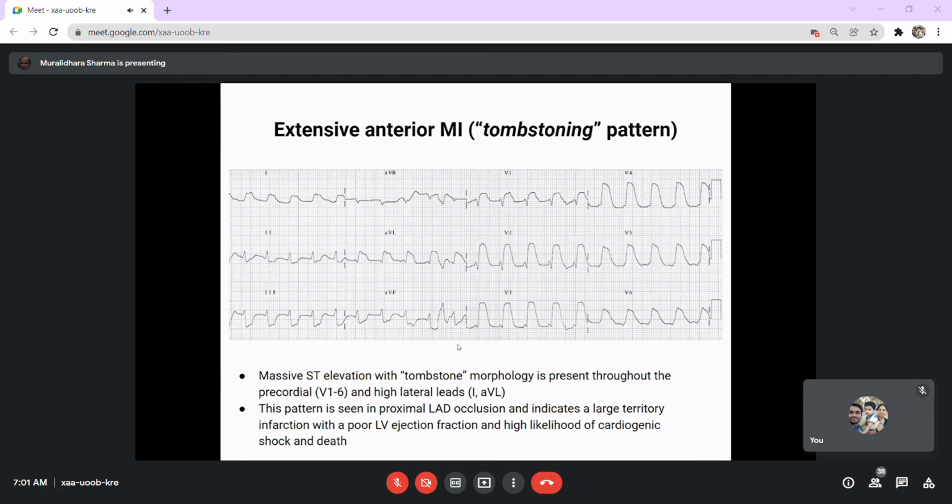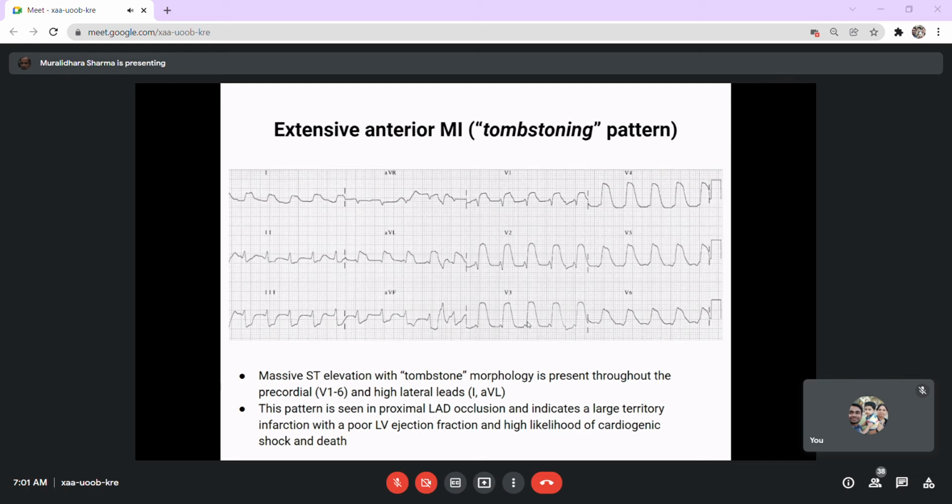But in this case, there is a massive ST elevation. The ST elevation is quite huge, and hence the shape has become totally altered, and this is called a tombstone. Tombstone represents both a literal meaning as well as a comparative meaning, because literally the chances of death are quite high in such cases. So within a short duration, you have to prepare.